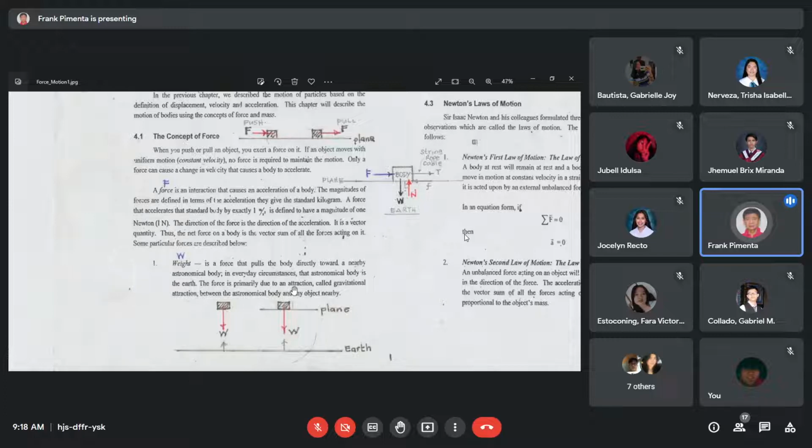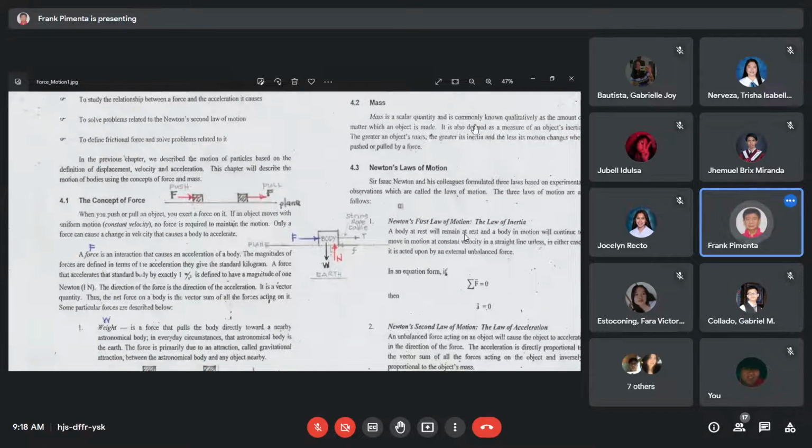How to reflect the weight of the body? Still vertically downward. Weight will not go directly along the incline or the other side. It is always vertically downward towards the earth. Okay. I hope you understand the concept of weight.